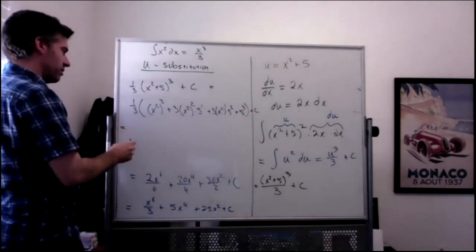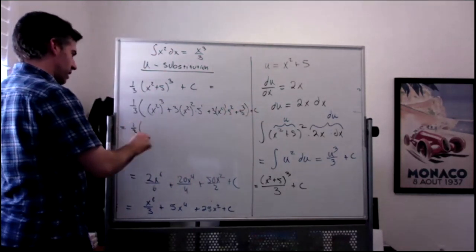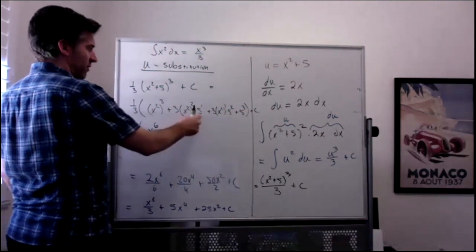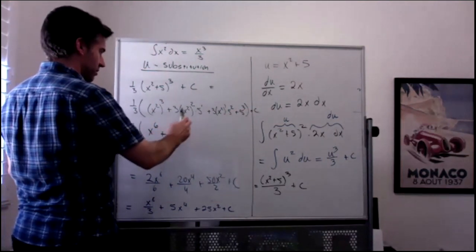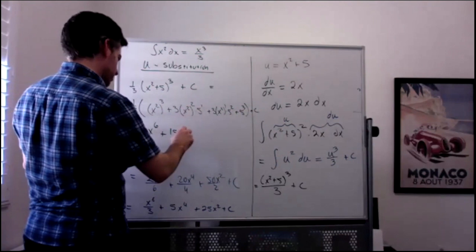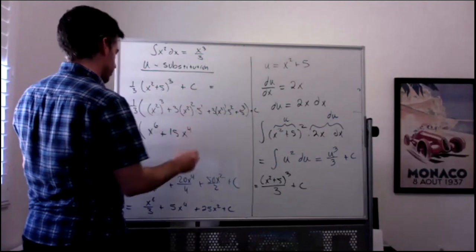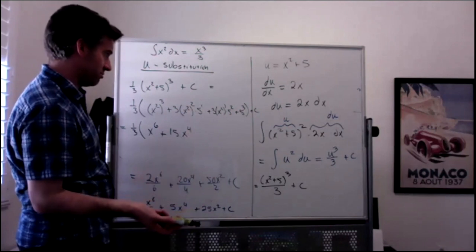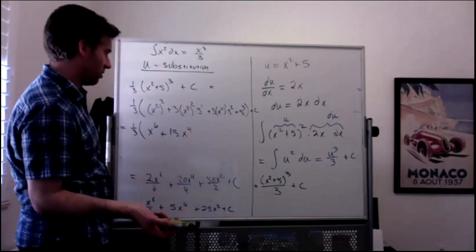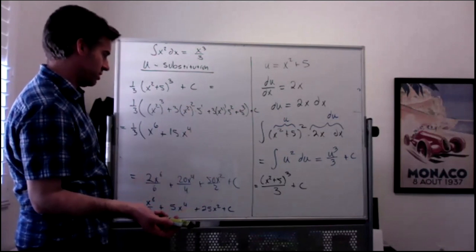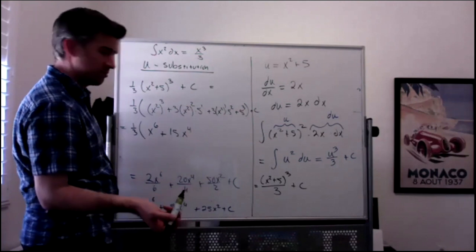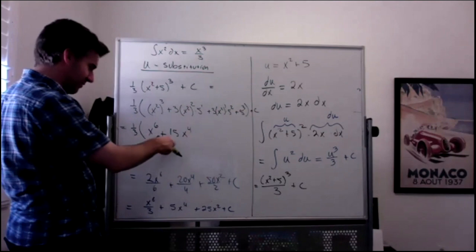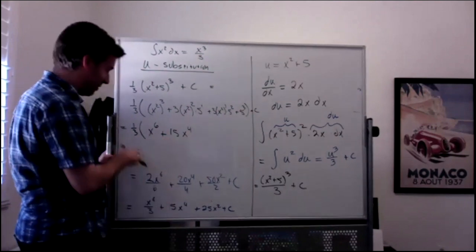Simplifying this a little bit, I get 1/3 times x squared cubed is x to the 6. 3 times 5 is 15 times x to the 4th. That seems wrong. I'm definitely worried now. Oh, I forgot about the 1/3 up front. 15 here wasn't matching the 5 there.